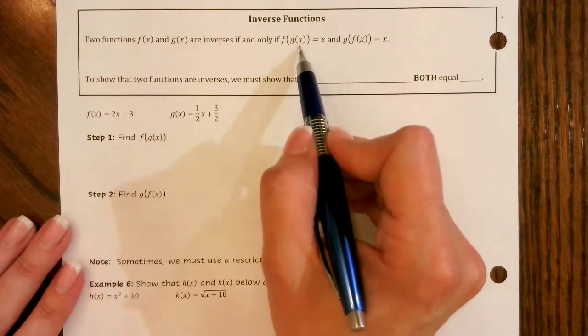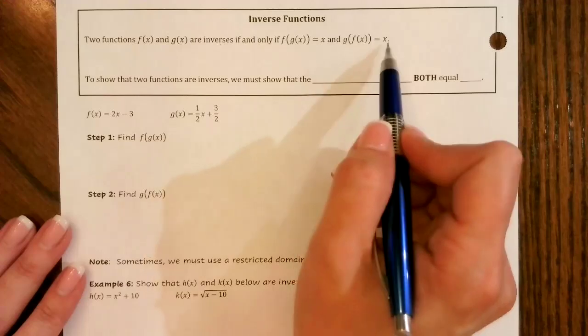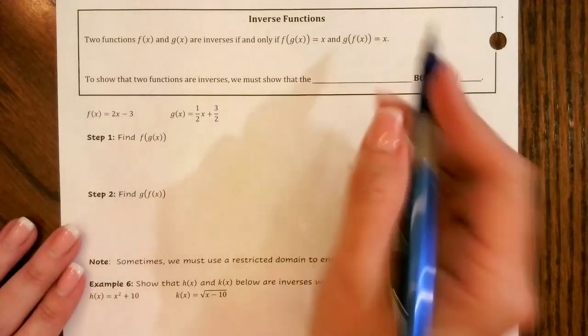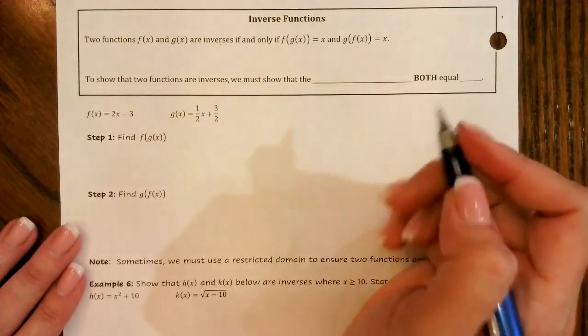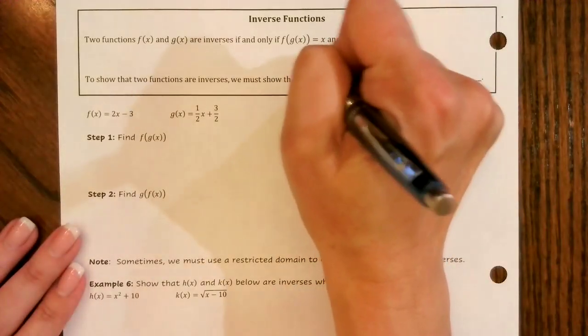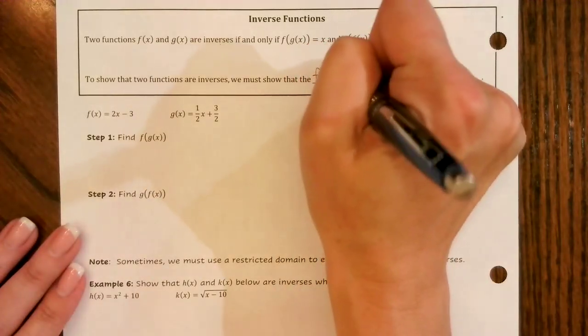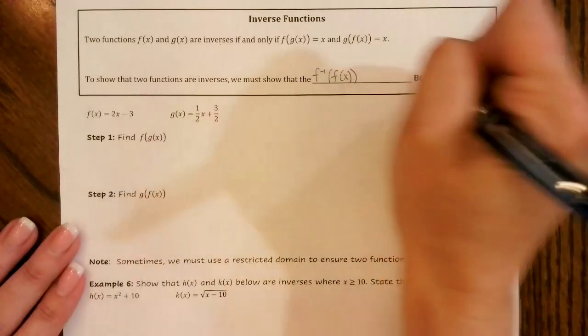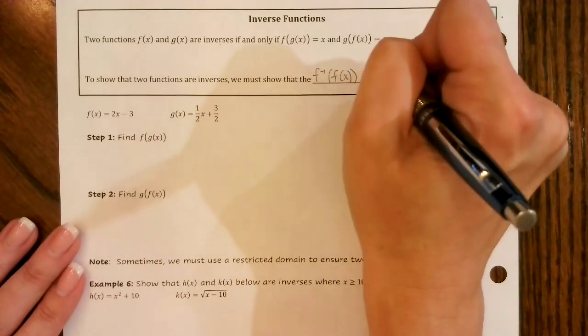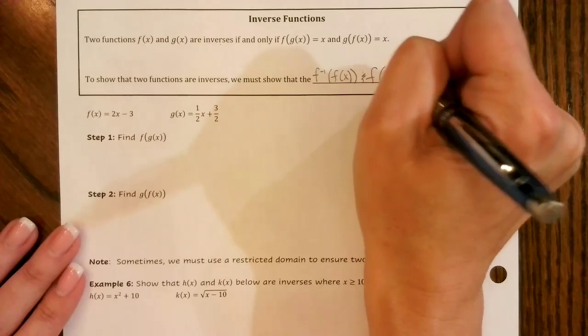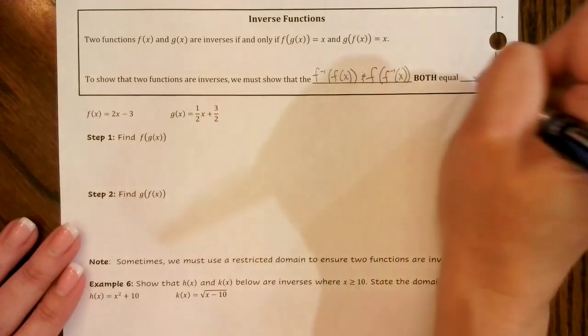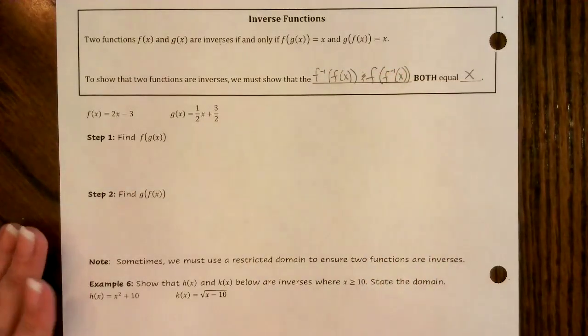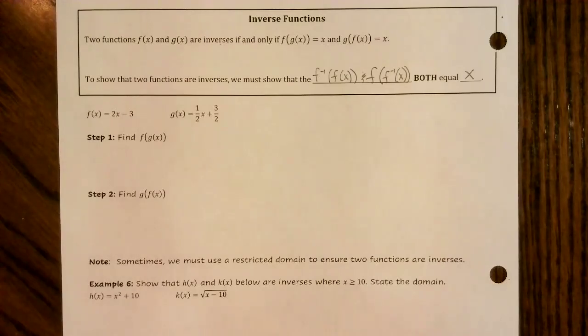So if g of x was the input and if f of x was the input, you would end up with x. To show that the functions are inverses, we must show that the inverse of f of x and f of the inverse both equal x. So you do have to show it in both directions.